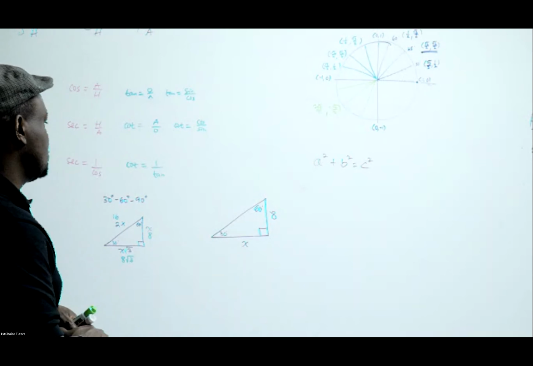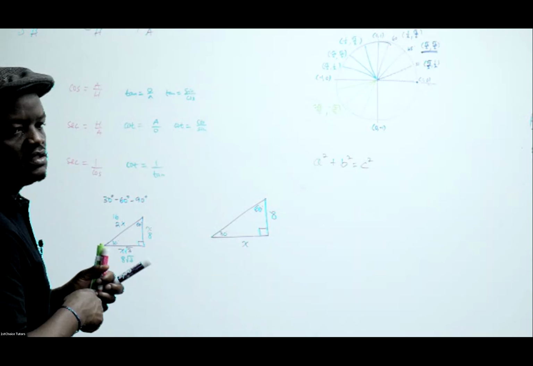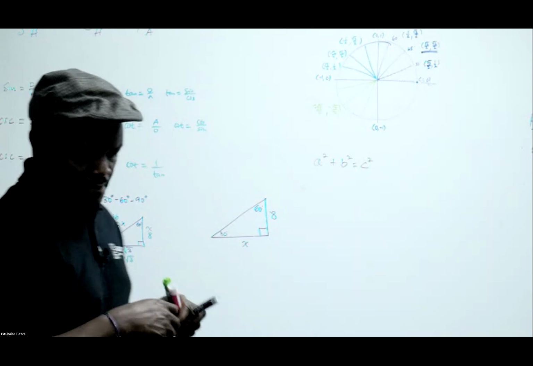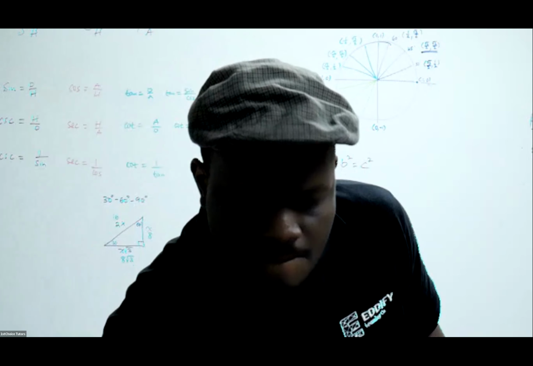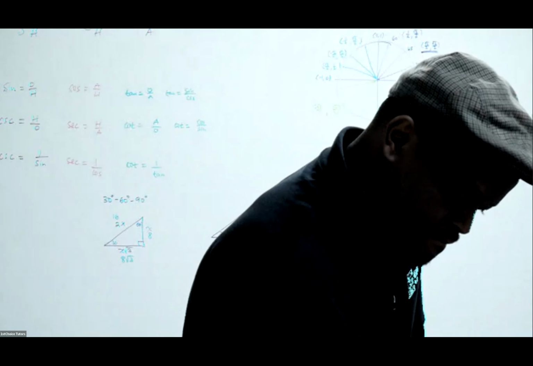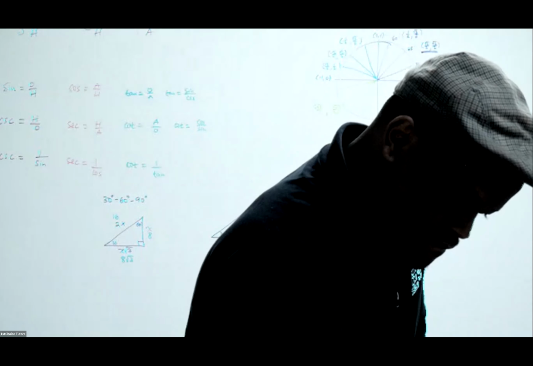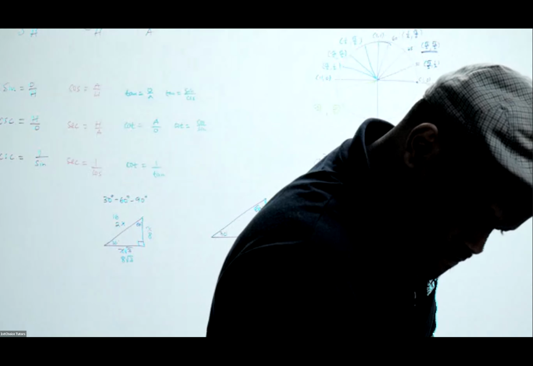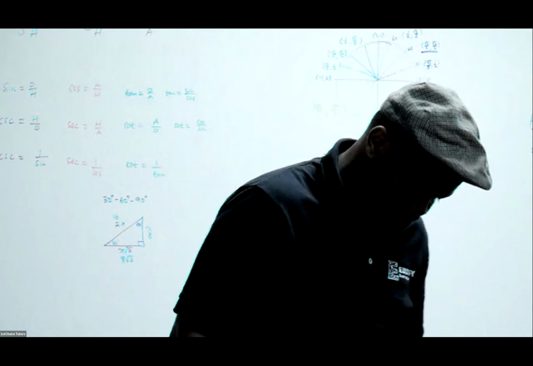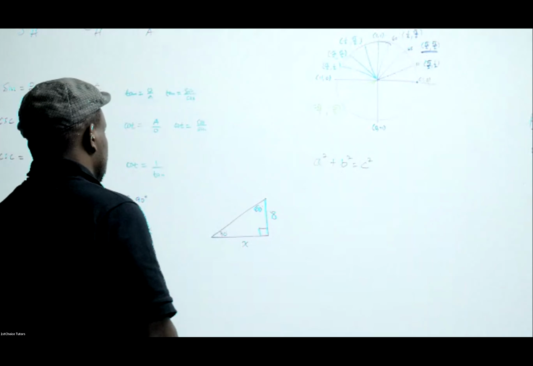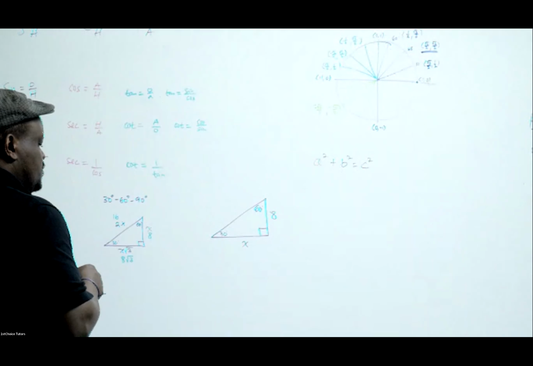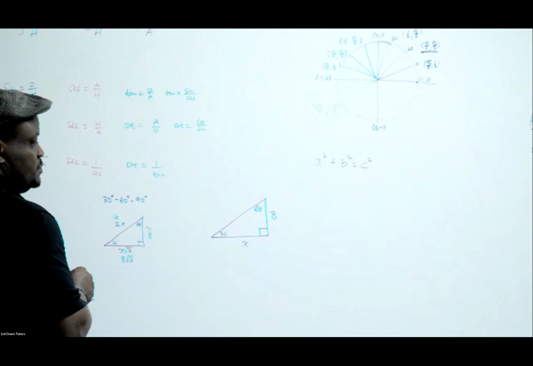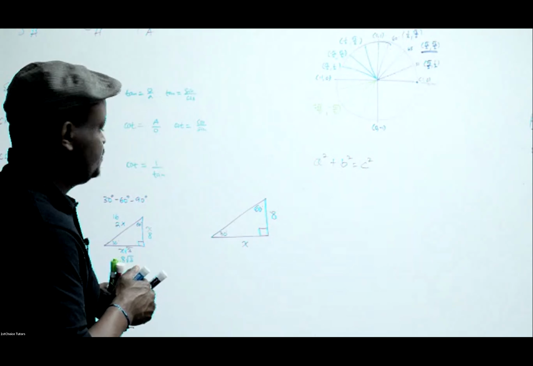That's why those special right triangles come in really clutch. So the answer would be 8√3. Correct.